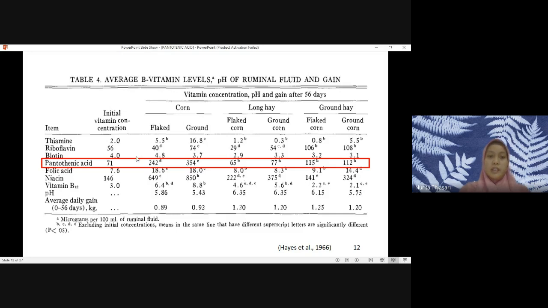And we can see the highest one is from the ground corn, because the ground corn has highly readily available carbohydrate. So when it is ground, the bacteria or the microorganism can easily ferment the readily available carbohydrate into pantothenic acid.